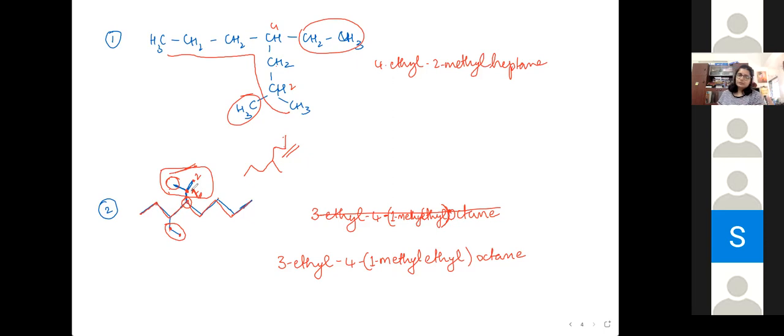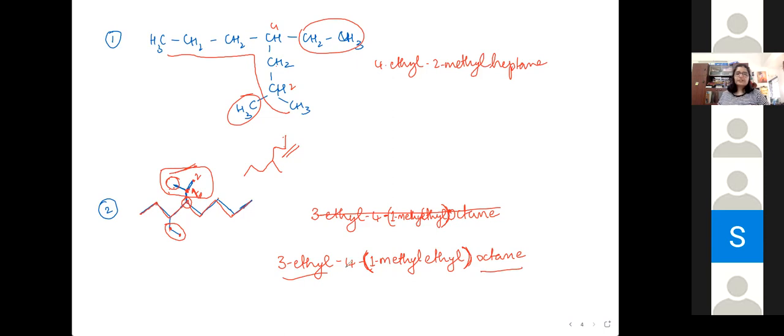Again, IUPAC rules apply. Longest chain, 2 carbon atoms long, but you're missing out on this. So how do you do that? Again, it has a branch here. Now, because it's a branch within a branch and you're applying the same rules twice, whatever is inside the branch part of it will go in brackets. And this is the rest of the main name.